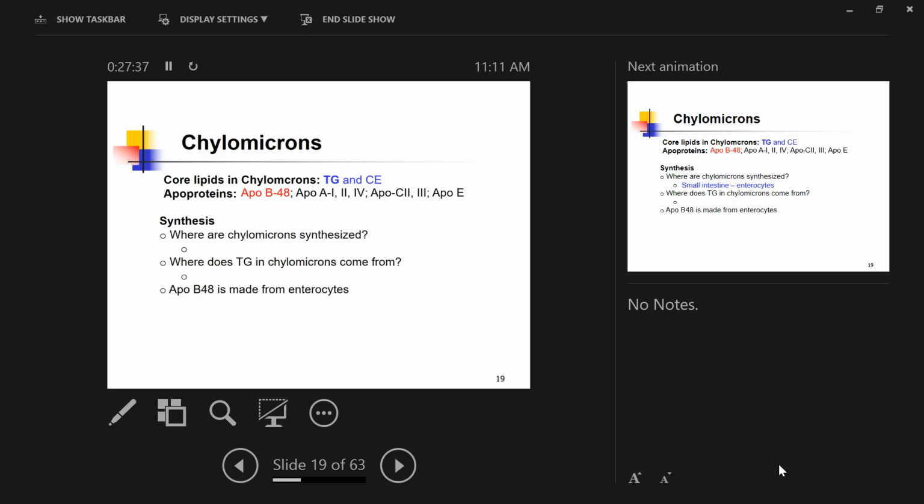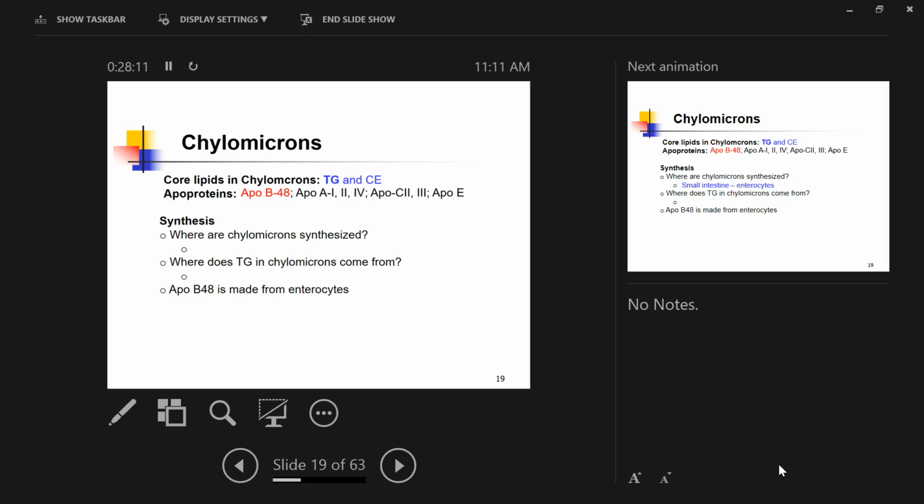Lipoprotein lipase, right? LPL, okay, and also ApoE, right? So try to remember the 3 most important apoproteins that are present in the chylomicron: ApoB48, because ApoB48 is synthesized in the small intestine, and ApoC2 is important because it helps lipoprotein lipase function, right?